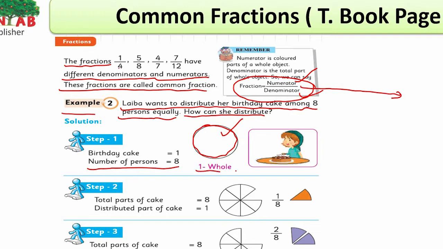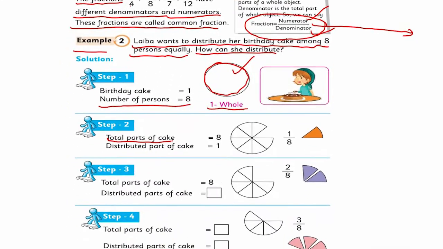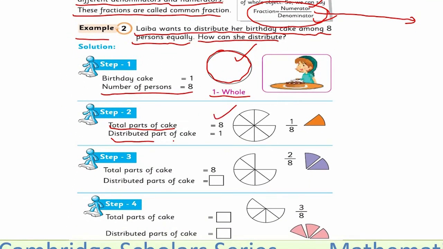She will divide this whole cake into 8 equal parts. Total parts of cake 8. How many distributed? First time she served 1 part to a person. So the fraction of that part is 1 over 8.